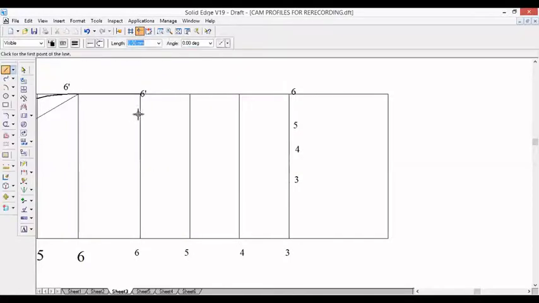Join these corresponding corners with 6 dash. 6 to 6 dash we already have a line. 6 to 5, then 6 dash to 4, 6 dash to 3. The acceleration part is over.